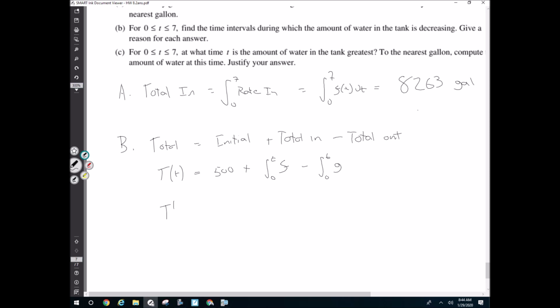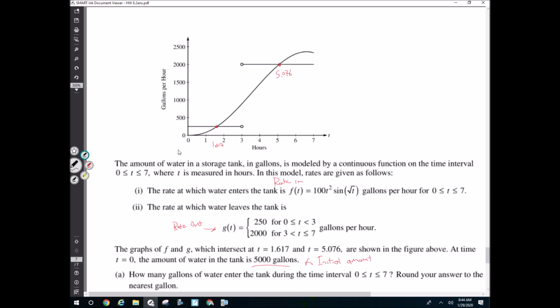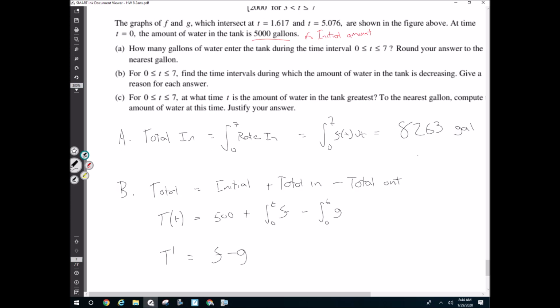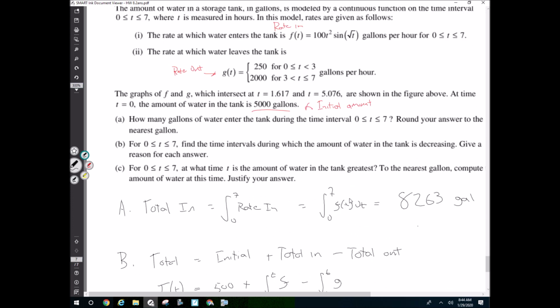That means the rate of change, which is going to figure out when I'm decreasing, will be f minus g. Okay, f is the curve, g is the line. F minus g is going to be negative when g is larger than f. G is larger than f from 0 to 1.617, and g is also then larger than f from 3 to 5.076.